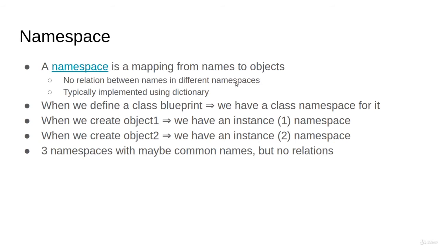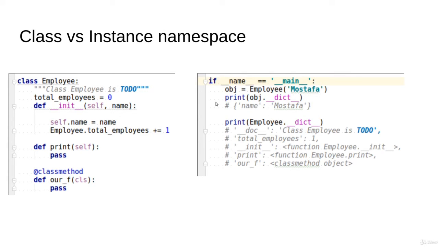Let's see an example. Here is a class of employees. I'm writing some documentation. I'm defining a static variable and have a method init and method print, and even have another method that is a class method. There is what we call the underscore dict underscore.